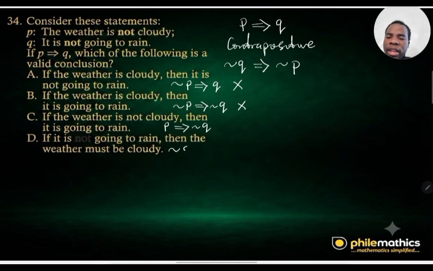If it is going to rain, negation Q, then the weather must be cloudy, implies negation P. This is not it, this is it. That is exactly how logical reasoning works. So the correct answer is D. If it is going to rain, then the weather must be cloudy. It just makes sense. If the weather is not cloudy, then it's not going to rain. If it's going to rain, then the weather must be cloudy.